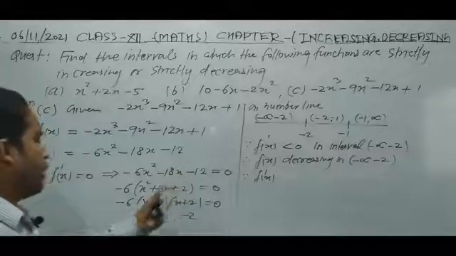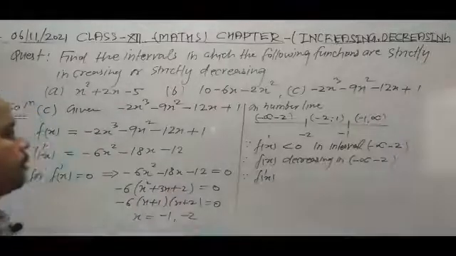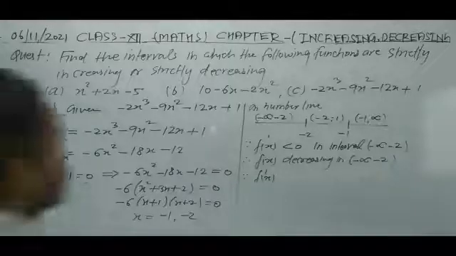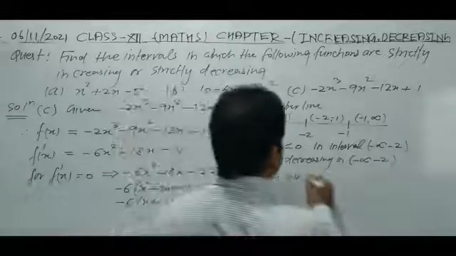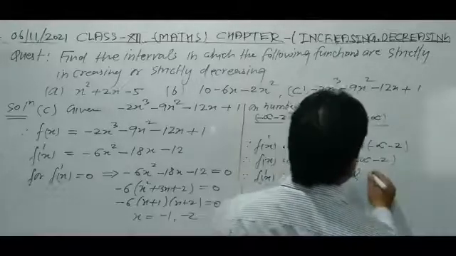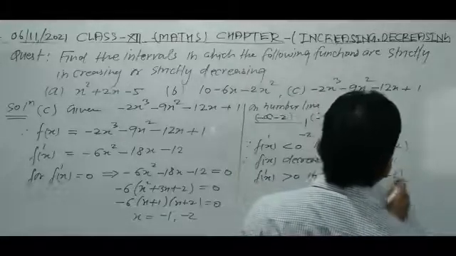Between minus 2 and minus 1, this result will be positive, because x is more than minus 2 and less than minus 1. So the whole term will be greater than 0 in the interval minus 2 to minus 1.